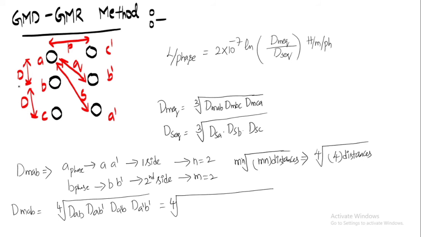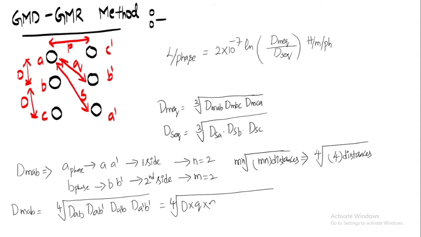Now it is fourth root of one distance from A to B. So A to B distance is D. So D into A to B dash. What is A to B dash distance? Q. A dash to B distance. So this is the smallest diagonal distance. A dash to B distance is also same as B dash to A distance, which we observe in diagram.